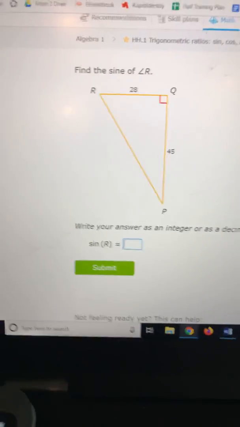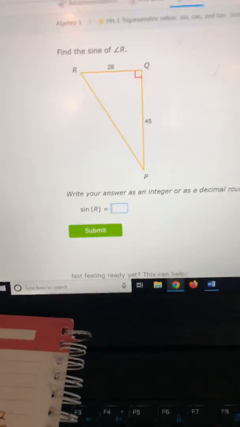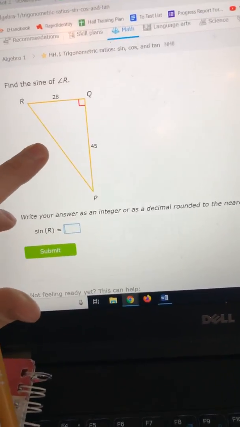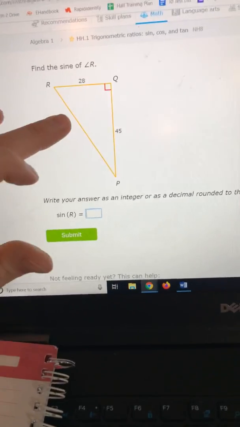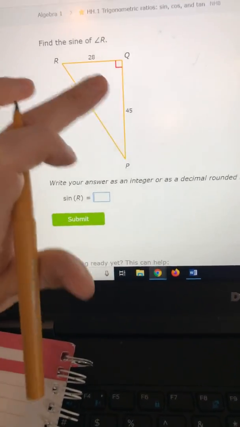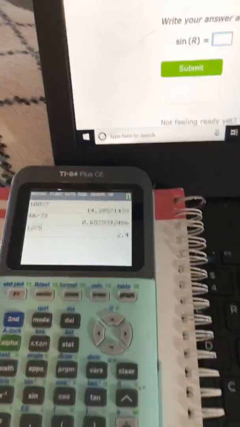Okay, for this one, we're trying to find sine of angle R. Well, we're missing a side here. So when we're missing a side, we got to use the Pythagorean theorem to figure it out. So it's the hypotenuse, because it's across from the right angle. So we're going to add the squares together of the two sides and take the square root.